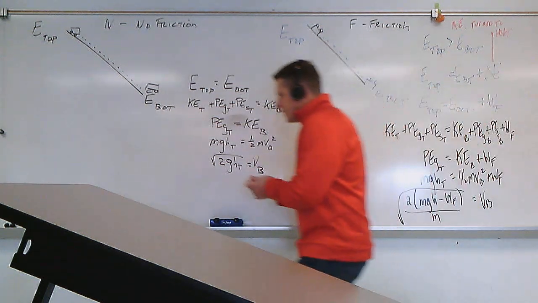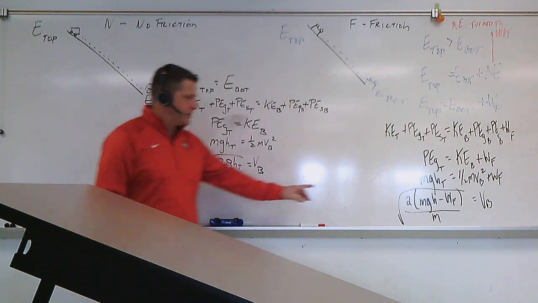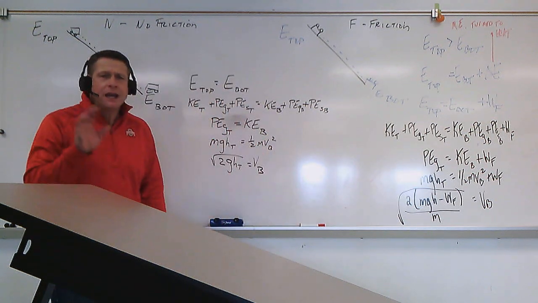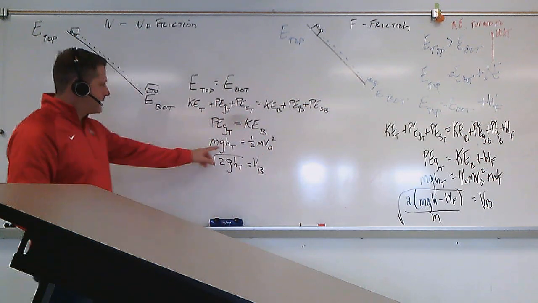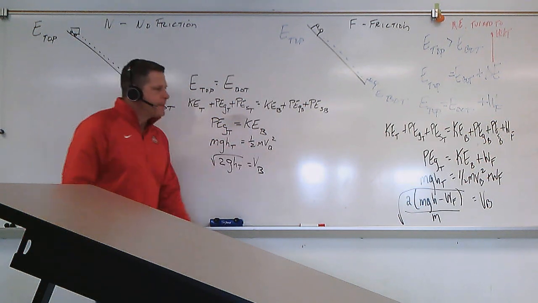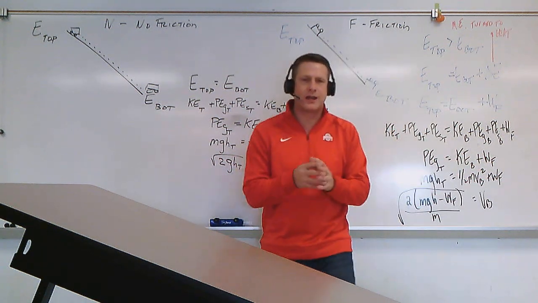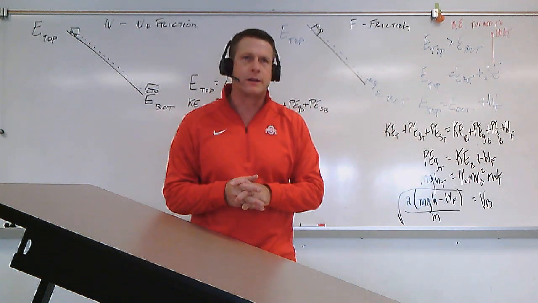Now, it's not totally apples and apples when we compare this expression to this expression. Algebraically, we could cancel the m's over here because every single term had m in it. Over here, we can't do that because the work done by friction doesn't necessarily have m in it.